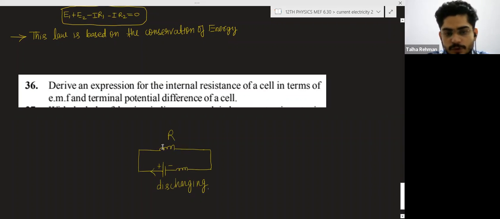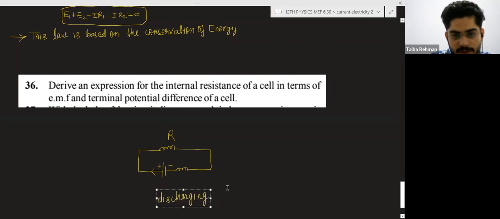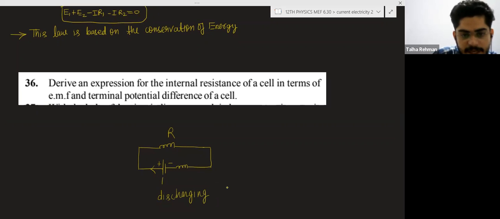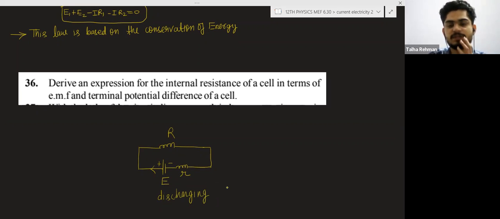Now this is a closed loop. Suppose capital E is the EMF, small r is the internal resistance of the cell, and capital R is the external resistance.